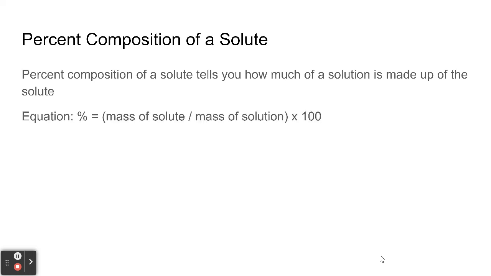Our percent composition equals the mass of our solute divided by the mass of the entire solution times 100. Again, notice we have mass of solute and mass of entire solution. We're dividing by the mass of the entire solution. So sometimes I'll tell you what the mass of the entire solution is. Sometimes you have to figure that out yourself by adding together your solvent and your solute.